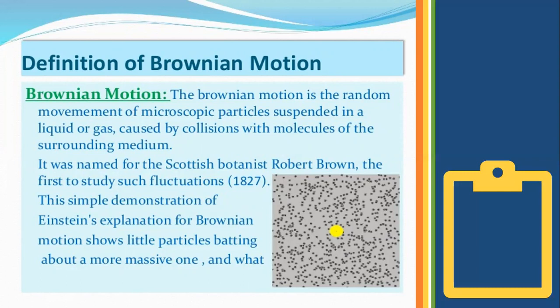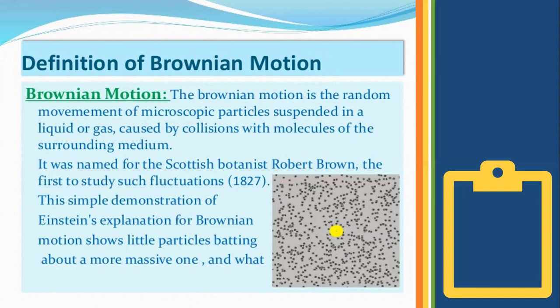Brownian motion was named after the botanist Robert Brown. He was the first to really discover Brownian motion. Brownian motion is a random movement of microscopic particles suspended in a liquid or gas, caused by collisions with molecules of the surrounding medium.